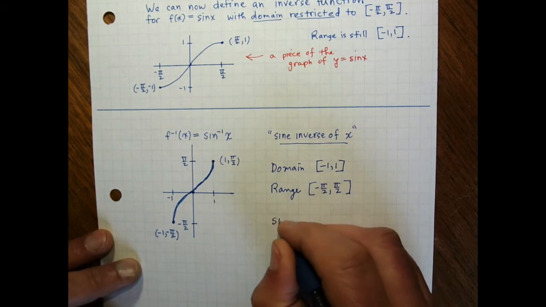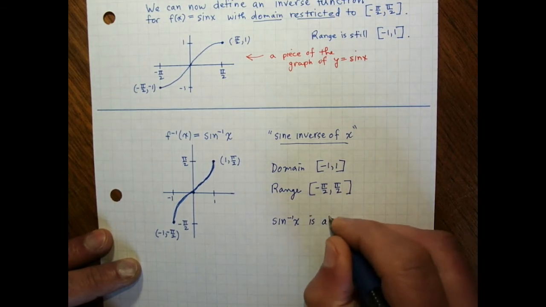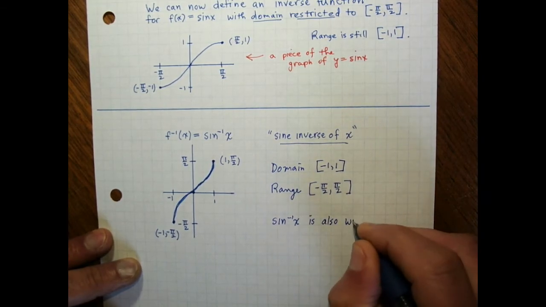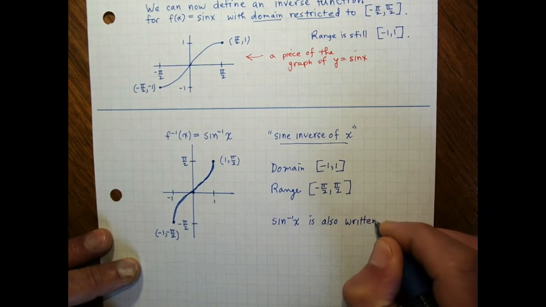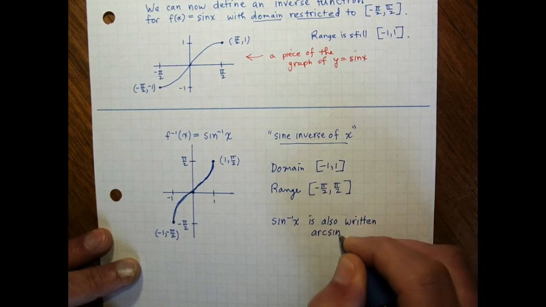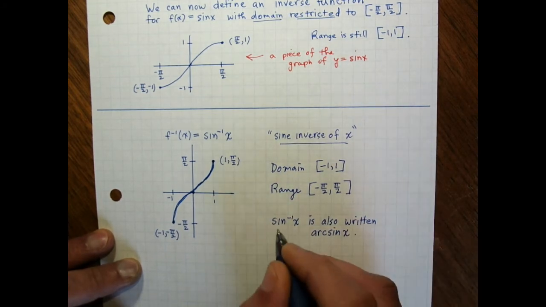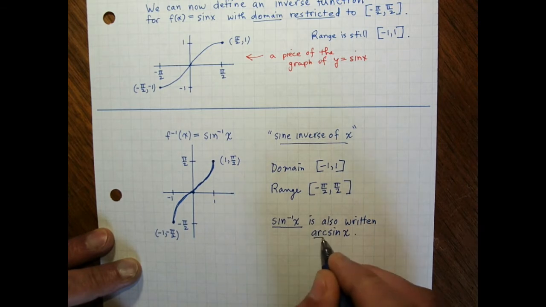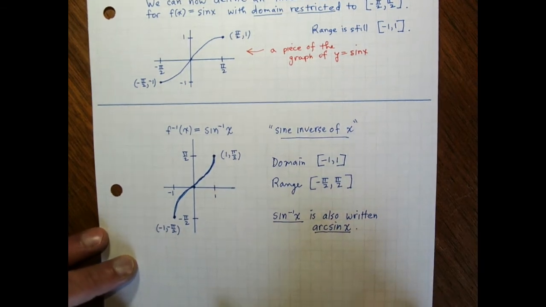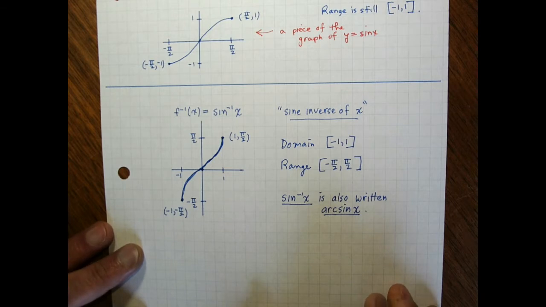Sine inverse of x is also written, there's another very common notation for this, arc sine of x. That means exactly the same thing. In fact, if you use Desmos, you'll see they use the arc sine, ARCSIN notation.